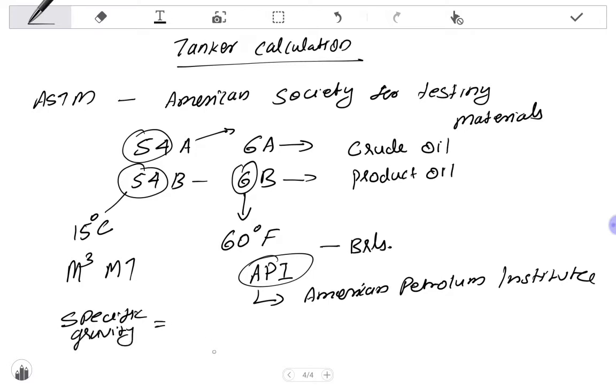Specific gravity is the density of oil divided by the density of water. Actually, it is the ratio of the density of the oil to the water. Both are in the same units, so specific gravity has no units.